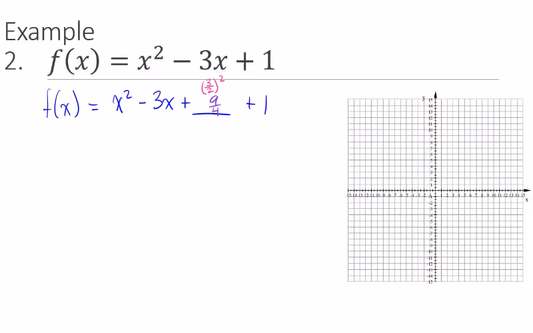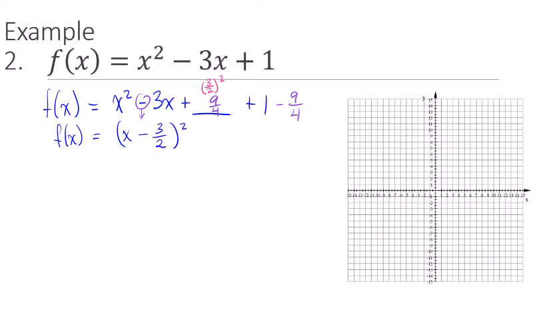Okay, so then if I add 9/4 there, I want to subtract 9/4 here. All right, and so now I can complete the square, or I just did complete the square. Now I can execute it, so I can put an X here, take this middle sign, so it's going to be minus, and then I'm going to take the square root of 9/4, right, which gives me 3/2.